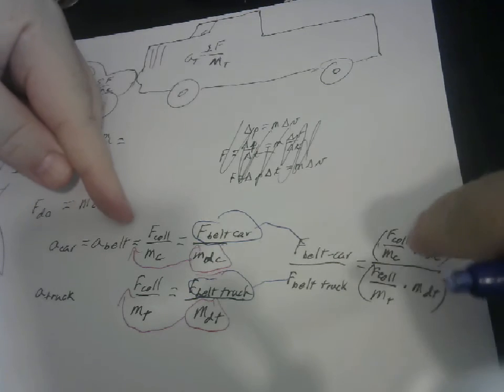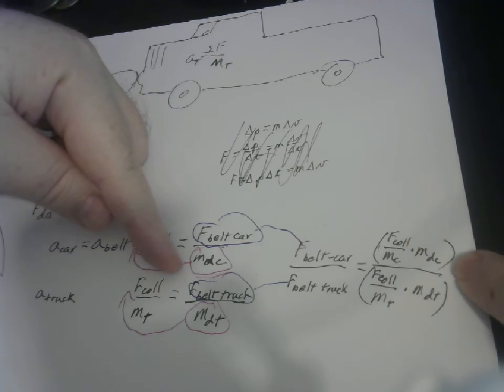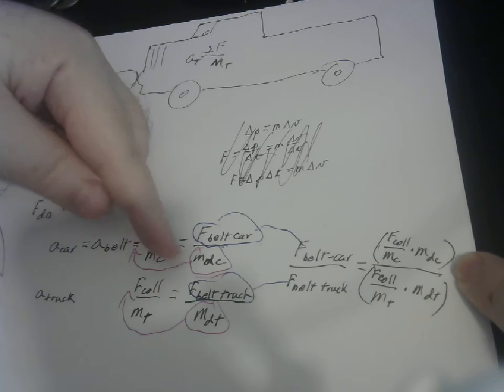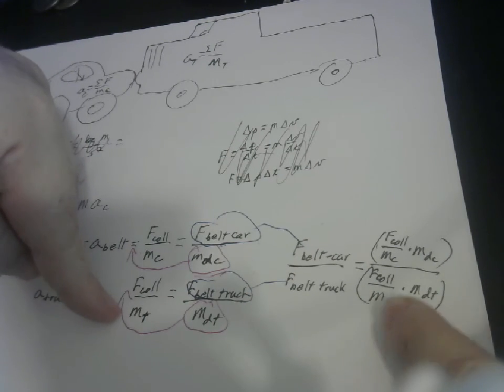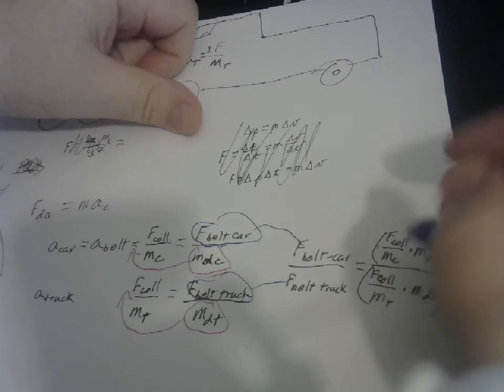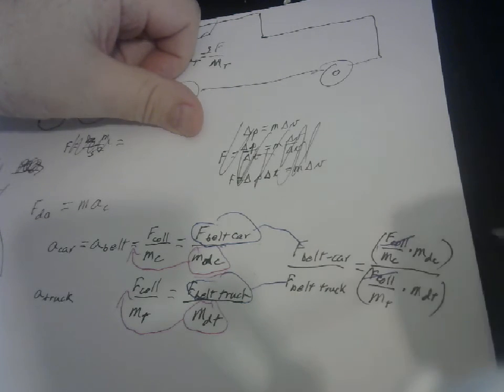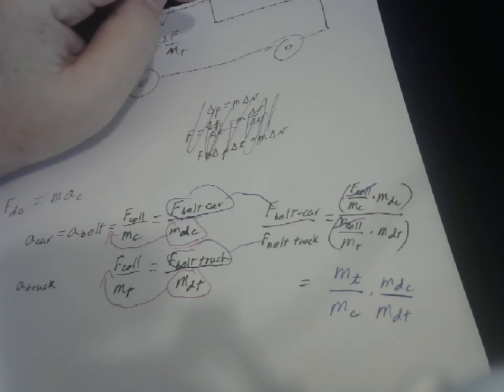So I take force of collision over the mass of the car times mass of the driver of the car, divided by force of collision over mass of the truck times the mass of the driver of the truck. Some things cancel out there, basically these two. And this is our expression.